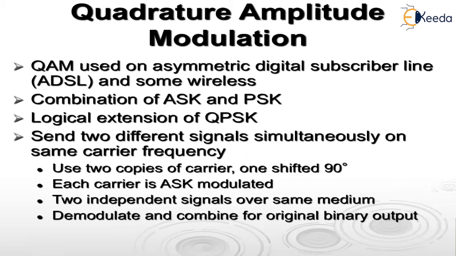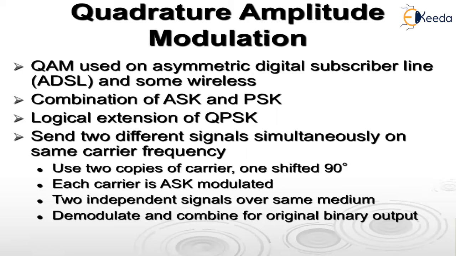QAM takes advantage of the fact that it is possible to send two different signals simultaneously on the same carrier by using two copies of the same carrier. For example, you take a signal at a phase shift of 90 degrees. Over the original carrier you can send one signal, and over the 90-degree phase shifted carrier you can send another signal.